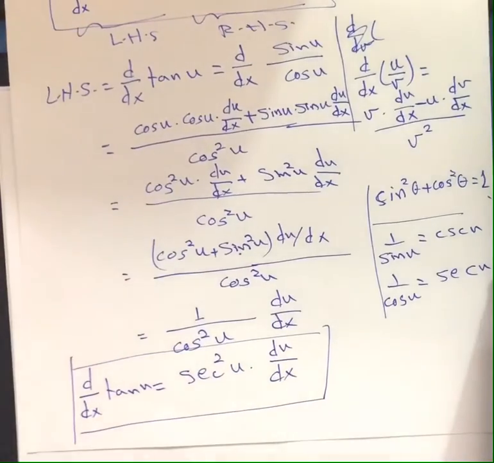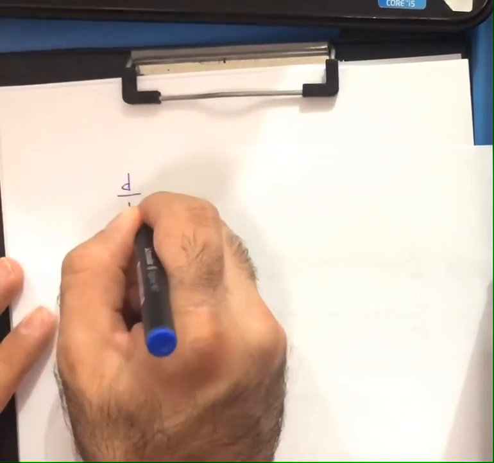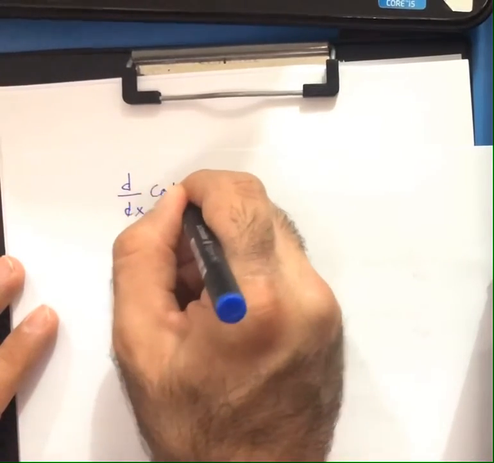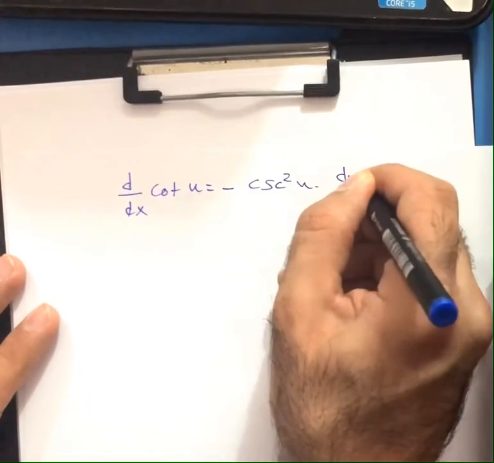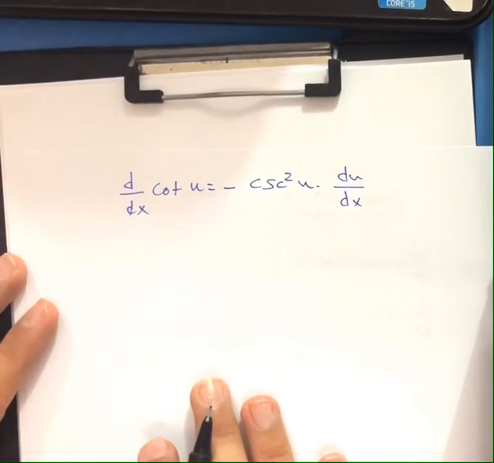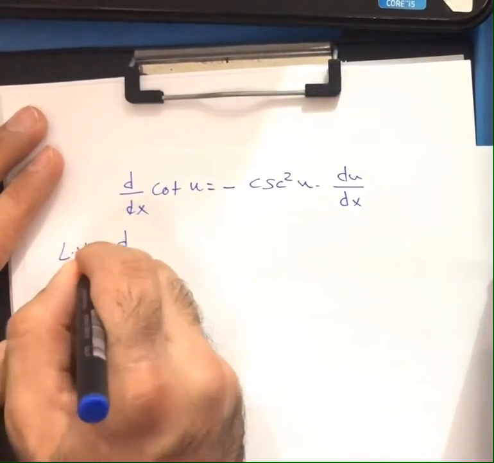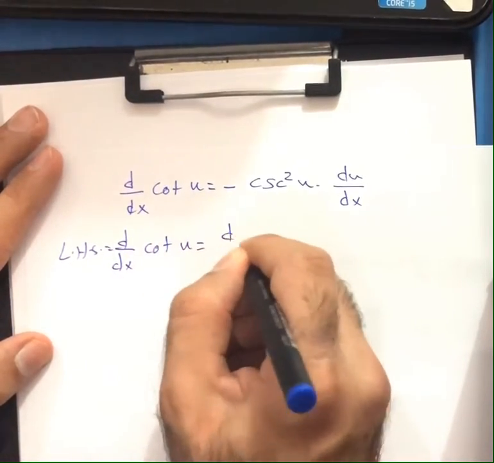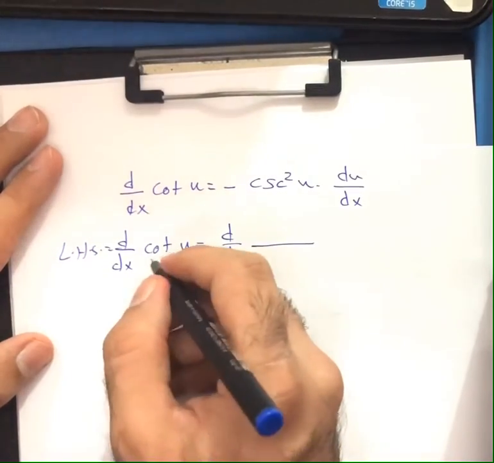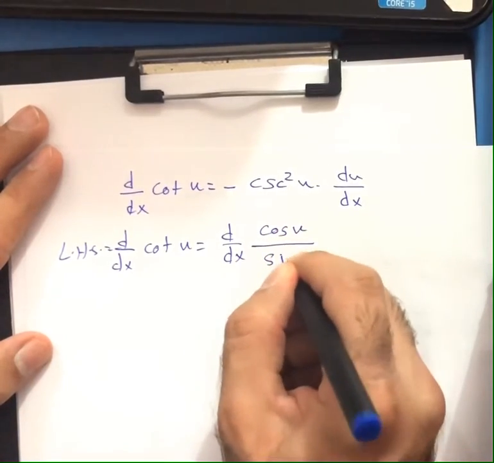Similarly, using the same technique, we can prove that d by dx for cot u is equal to minus cosec square u du by dx. Let me prove it. This is the left hand side, d by dx for cot u. We know that cotan can be written like this, cosine u divided by sine u.